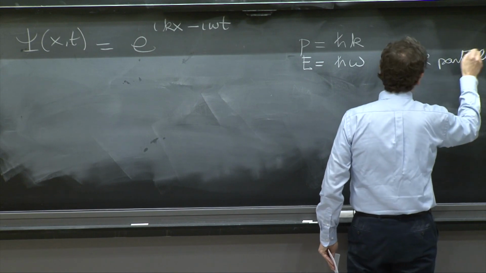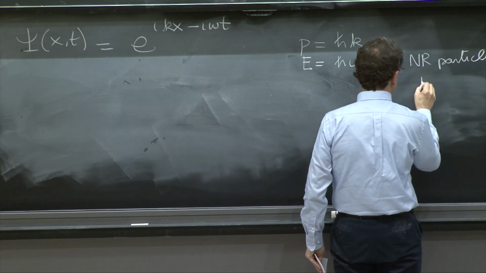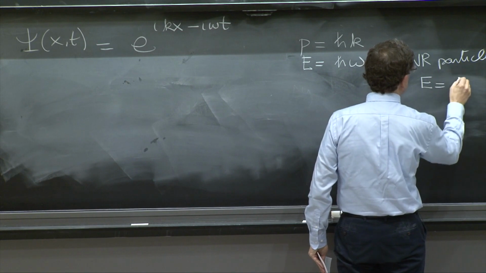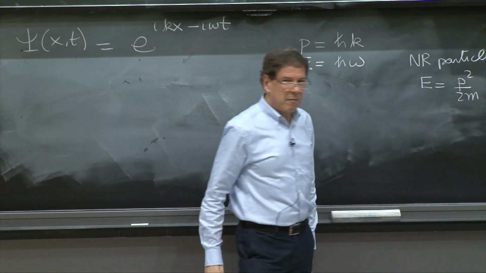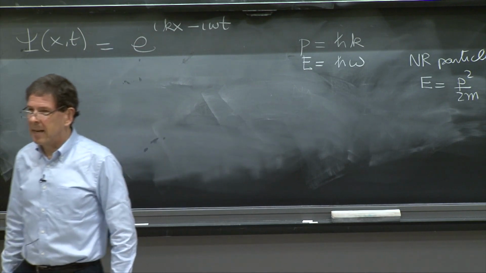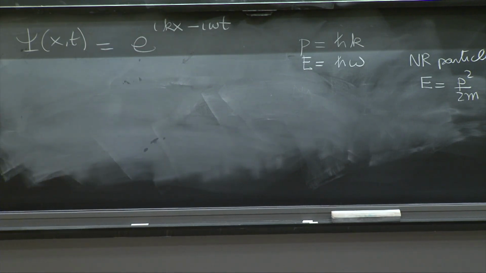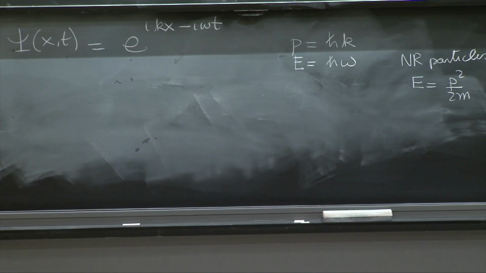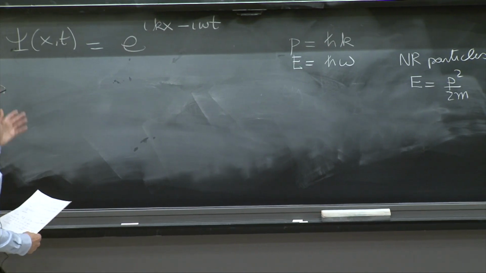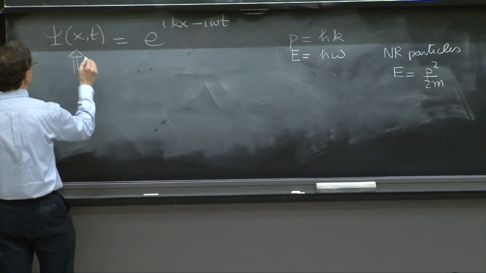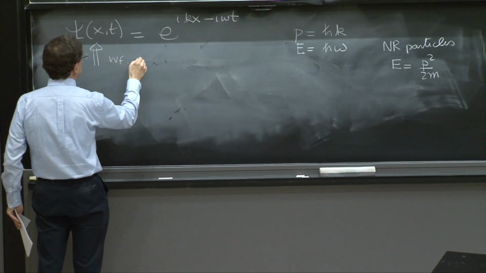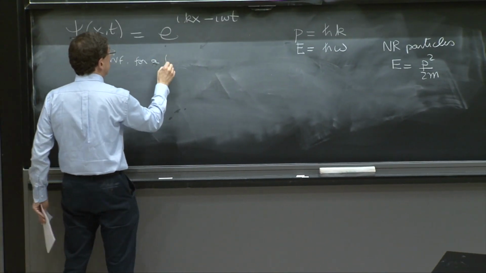And this is our focus of attention. And in this case, E is equal to p squared over 2m. That formula that expresses the kinetic energy in terms of the momentum mv. So this is the wave function for a free particle.